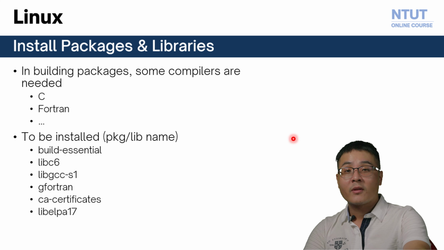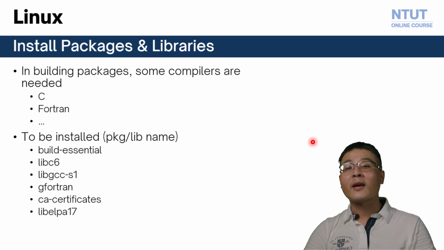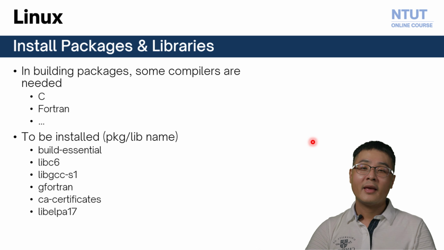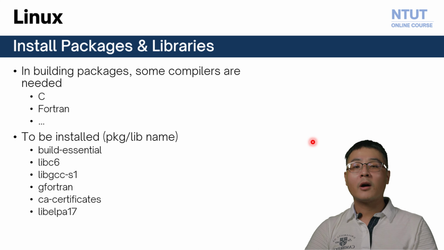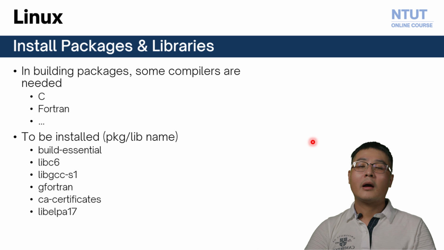First of all, if you want to build some package, you are trying to install some package, some compilers are needed, such as C or C++ or Fortran or any other kinds of programming language. So you have to install the package of a compiler or some packages that are related to the compilers. The packages you might install are listed below.